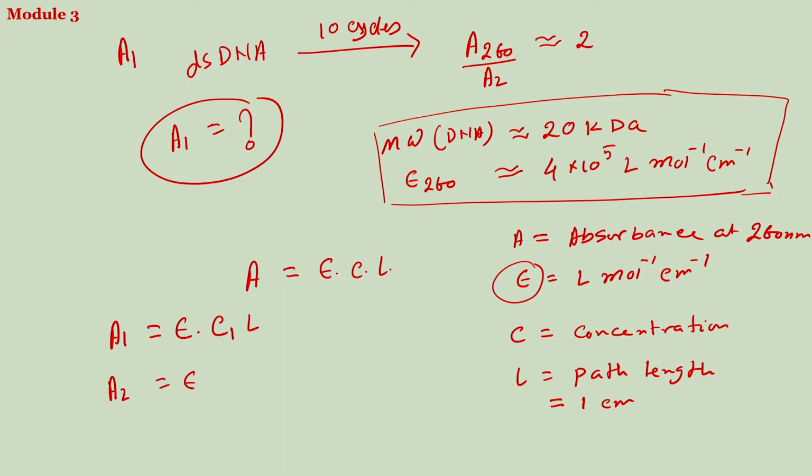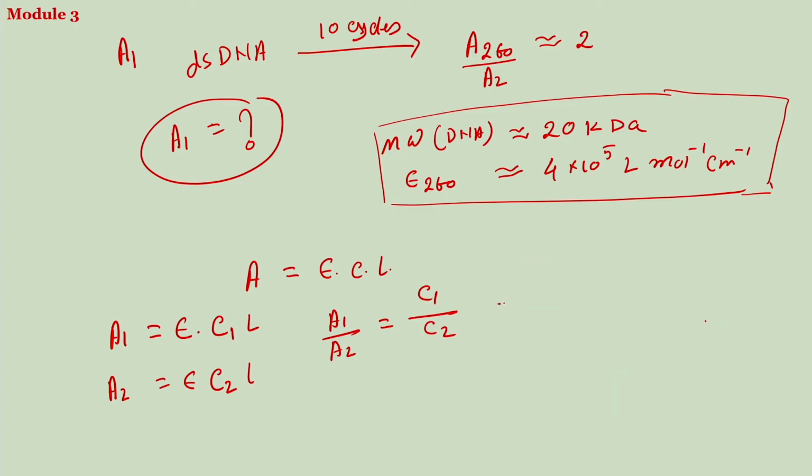A2 is epsilon, which does not change because it is the same DNA, let us say the concentration has changed to C2, and L. Now, A1 by A2 basically comes down to C1 by C2. So, other parameters are not required in this case.